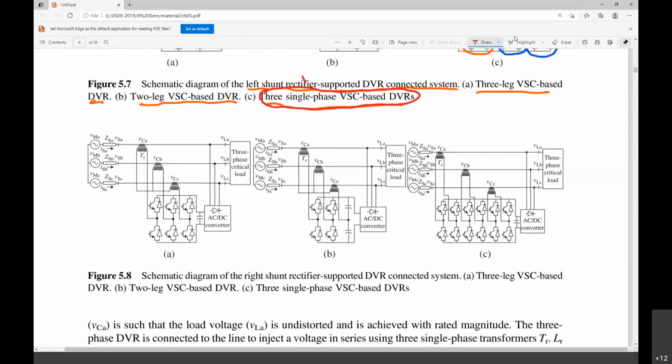the right shunt rectifier. Almost the same topologies: the three-leg VSC based DVR, the two-leg VSC based DVR, and the three single phase voltage source based DVR. Only the converter or rectifier circuit is connected on the right side of the DVR.